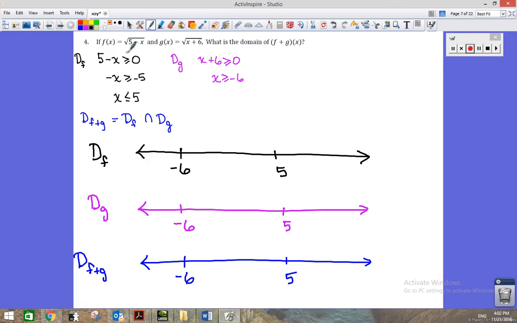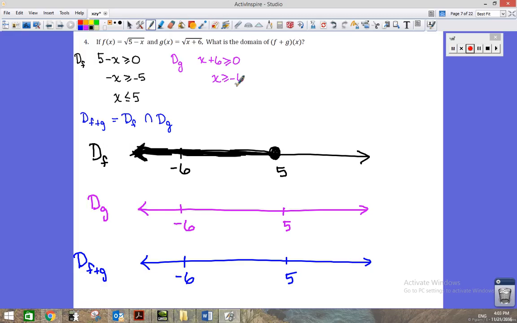So the domain of f was all numbers that were less than or equal to 5. If you took too much away from 5, it was going to be negative. So 5 minus 5 was 0, and that was okay because the square root of 0 is 0. And numbers that are smaller than 5 are going to produce a positive value. So here's a picture of the domain for the function f.